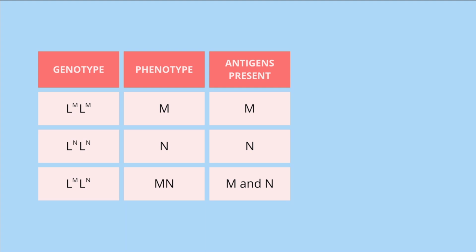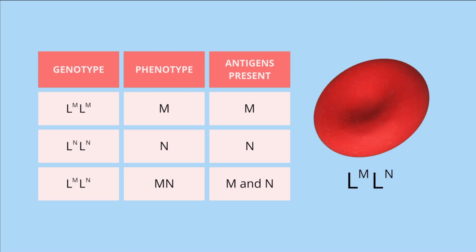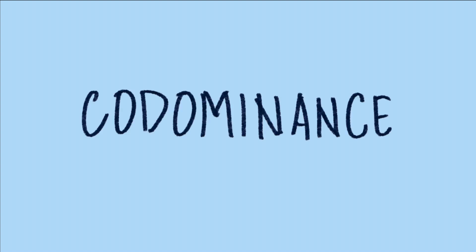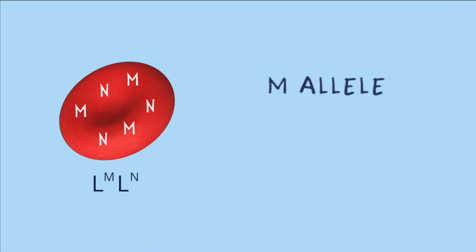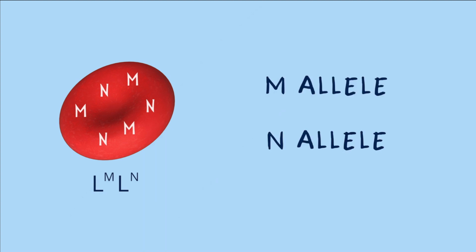However, individuals heterozygous for the M and N alleles have both M and N antigens present on the red blood cells. This phenomenon is called codominance. In codominance, two dominant alleles affect the phenotype in separate distinguishable ways.